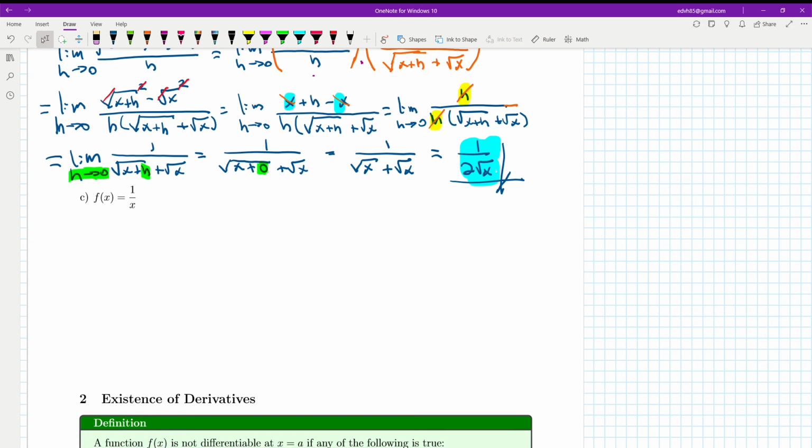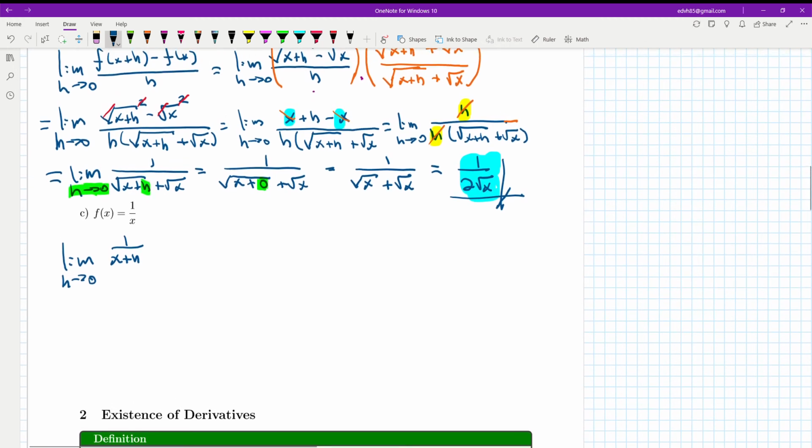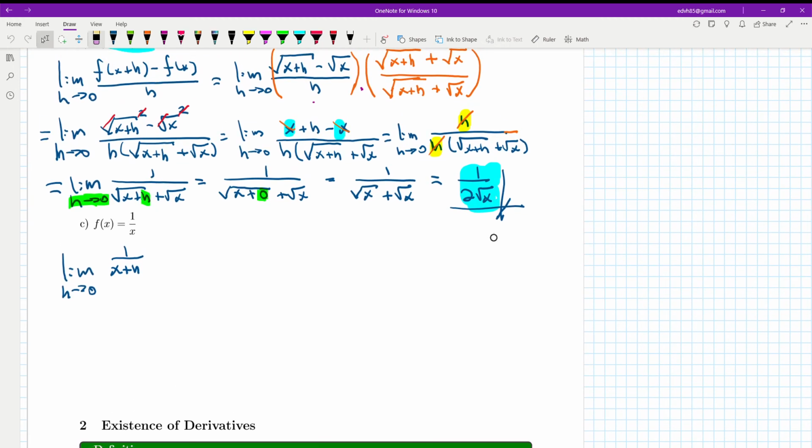Well, let's see. So the derivative of f of x equals 1 over x. Okay, so the limit as h approaches 0 of 1 over x plus h, I skipped the formula this time, and then minus 1 over x, the whole thing over h.